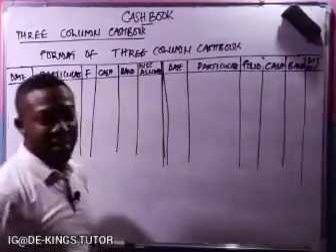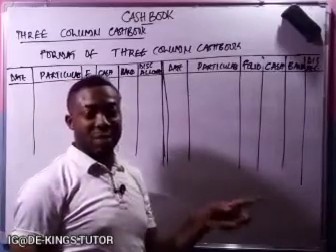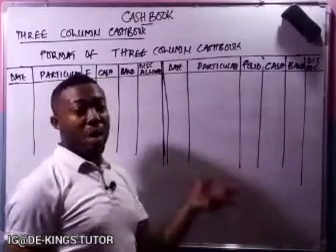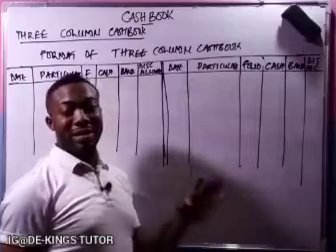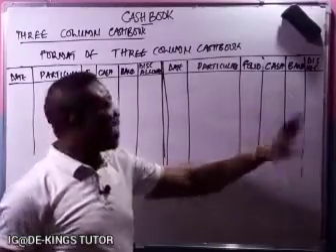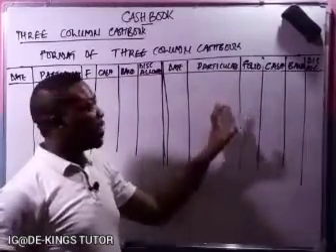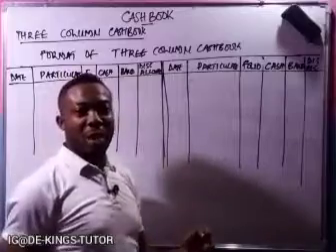So if you notice the difference between these 3 types of cash book we've seen, the single column, the double, and the 3-column cash book, the name signifies the aspects. These other parts are the same. The dates, the particulars, folio, they are the same in all of them.